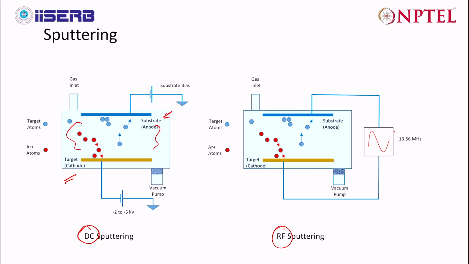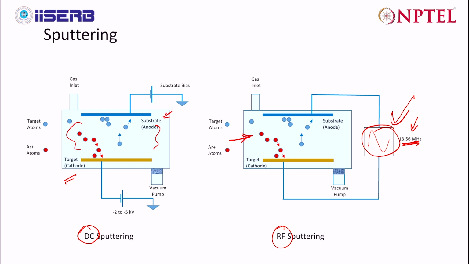Similarly, you also can apply RF power in order to generate the plasma. However, the sputtering process remains as it is, as we have discussed, but the generation of plasma depends on the RF power, and the frequency that usually we use in case of RF sputtering is 13.56 megahertz, which is more or less fixed because it is decided to have this frequency so that the sputtering process does not interfere with any other type of electronic gadgets and so on.